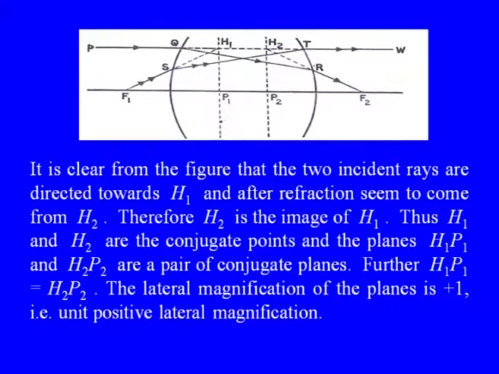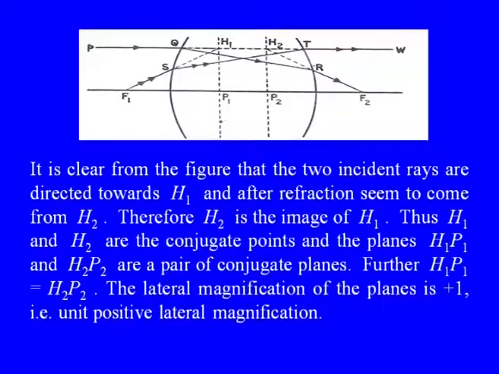We can see it from here. It is clear from the figure that the two incident rays are directed towards H1 and after refraction seem to come from H2. Therefore, H2 is the image of H1.